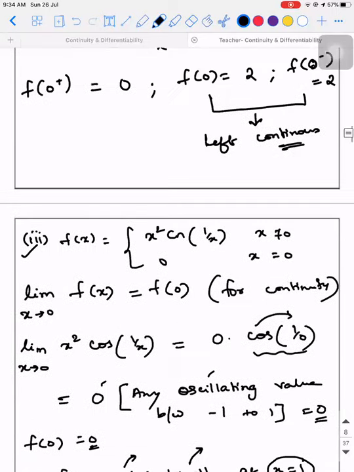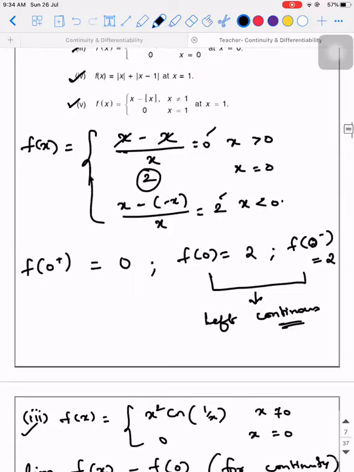If you still have doubt, you let me know. Now f of x is equal to x minus greatest integer of x for x not equal to 1, and 0 for x equal to 1. For your information, x minus greatest integer of x is called the fractional part of x.